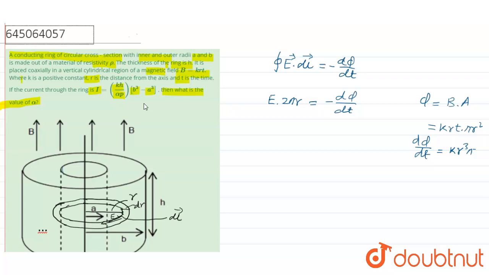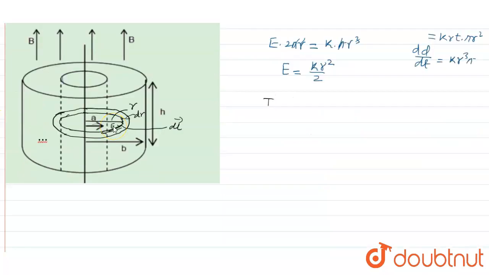If we put the value here, then E into 2πr is equal to, taking the magnitude, kπr³. π and π get cancelled, and one r gets cancelled. So here E comes out to be kr²/2.